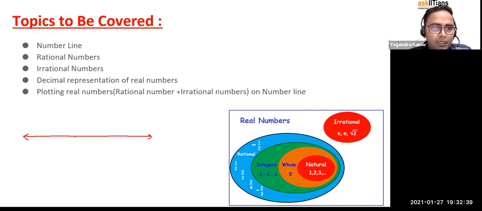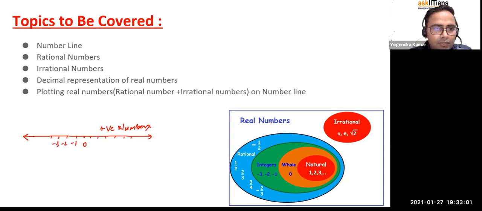I hope many of you know that on the number line, this number here is 0, the right side of the number line has positive numbers, and this side are negative numbers. The left side is negative numbers.